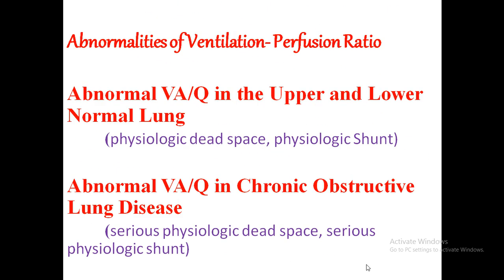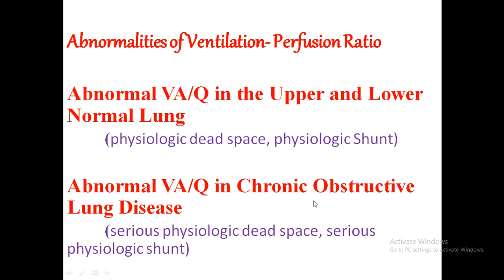Regarding the abnormalities of the ventilation perfusion ratio, the number one thing is the abnormal ventilation perfusion ratio in the upper and the lower normal lung, and we have already discussed this in much more detail. The next thing is the abnormal ventilation perfusion ratio in chronic obstructive lung disease. In chronic obstructive lung diseases, the obstruction disturbs the respiratory mechanism.